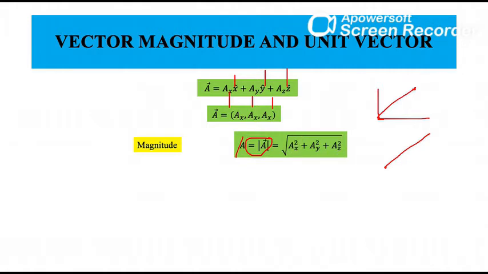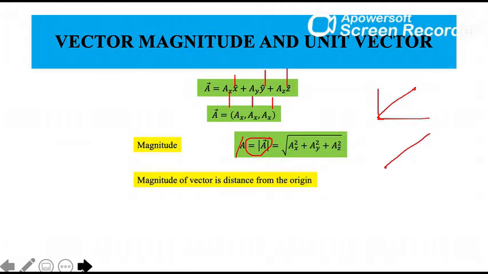So distance from origin to the end point of the vector is the magnitude of vector. So what is magnitude of unit vector? 1. So do not forget that unit vector has a magnitude 1. So I will just repeat, magnitude of vector is distance from origin, and unit vector has a magnitude of 1.